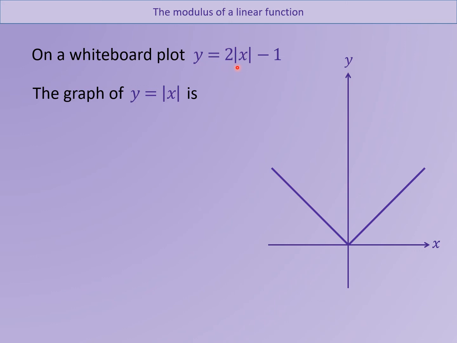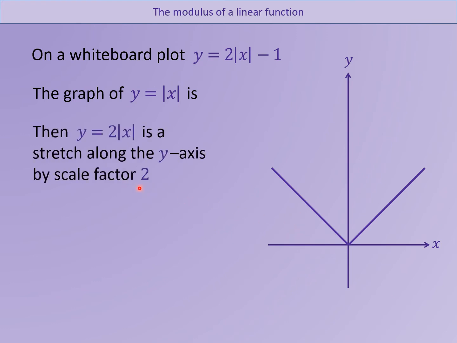So multiplying by 2 is exactly the same as a stretch scale factor 2 in the y-axis. So really, this graph here should look like that. Okay, so y equals 2 mod x looks like that, which makes sense because there's y equals 2x. It keeps going down. It's a slightly steeper gradient than y equals x.